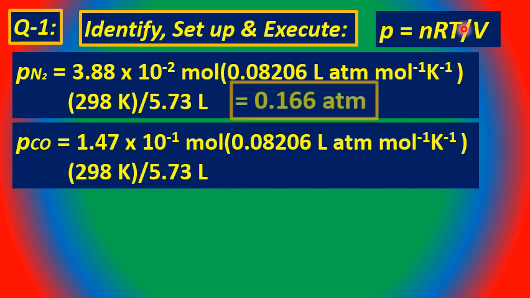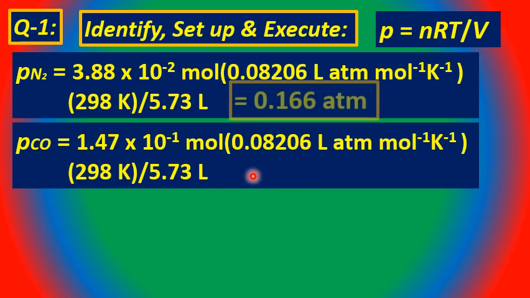Computing the partial pressure of carbon monoxide gas, we follow the same formula. The given number of moles for carbon monoxide, which is 1.47 times 10 to the negative 1 mole, is also multiplied by the same constant, capital R, and also by the same absolute temperature, 298 Kelvin, and their product is to be divided by the same volume, 5.73 liters.